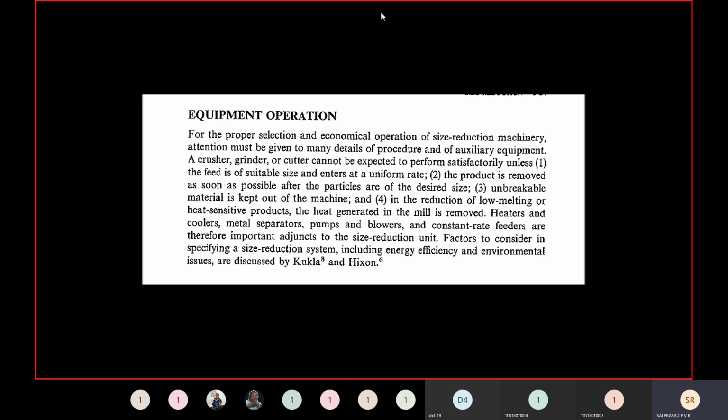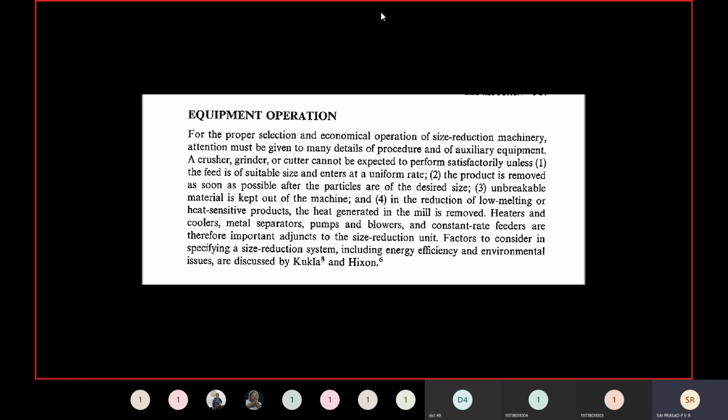Since we are dealing with heterogeneous materials, there will be size variation in the product. But we are supposed to select that machine which will give us the maximum percentage of the product of our desired size. If we are able to do that, then of course the process will be an economical process.